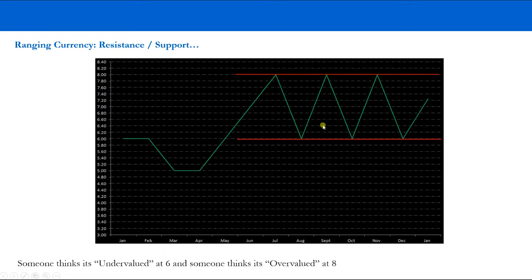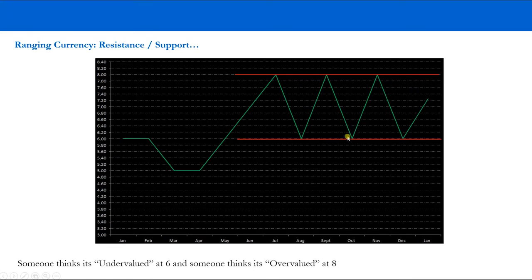Well, whenever the currency pair gets to these levels here, supply outstrips demand, and the currency pair starts to fall and continues to fall because supply is outstripping demand in the market.